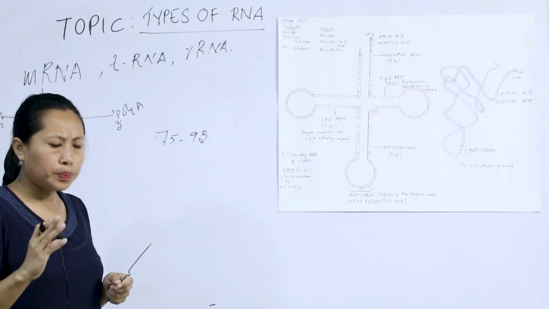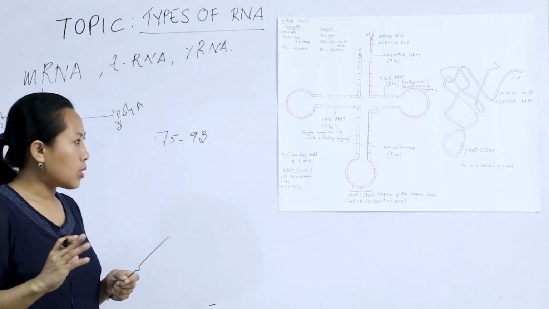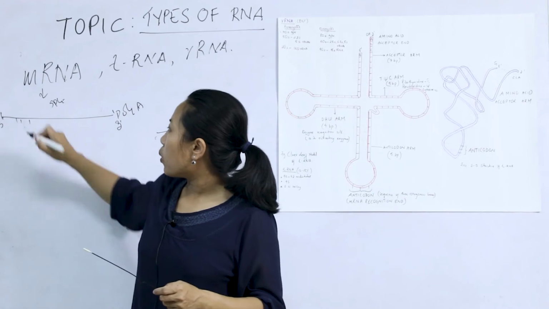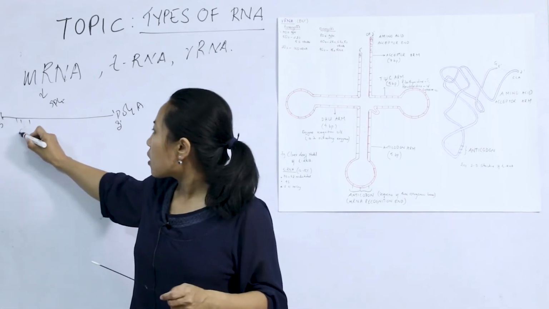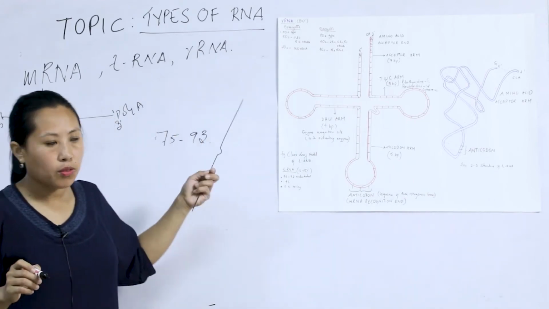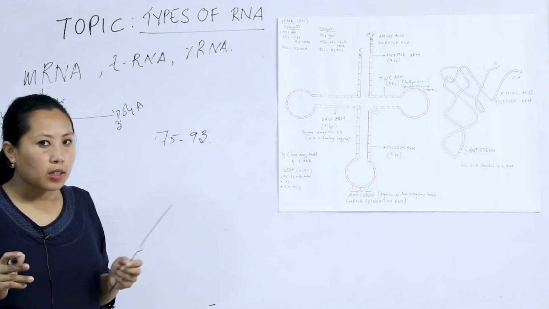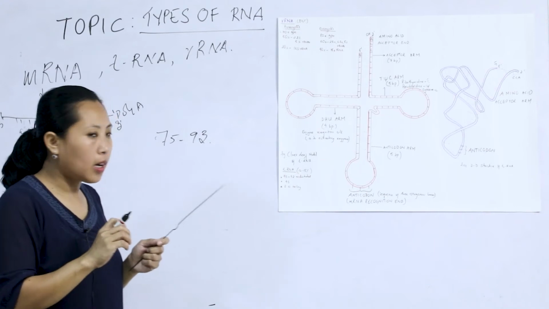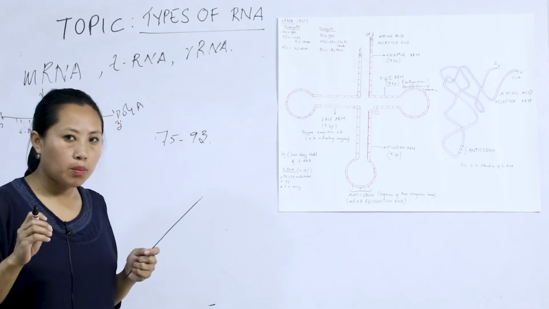During the process of translation, the codons on the mRNA which code for specific amino acids are read by this transfer RNA, and accordingly the activated amino acids are brought from the cytoplasm and connected together by peptide bonds.